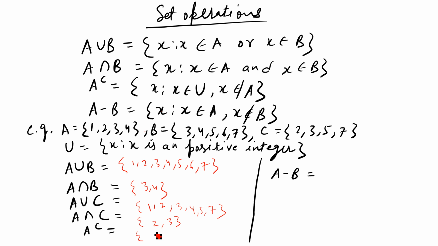A complement would be all the elements except the elements of A. So here it would be 5, 6, 7 and so on. A minus B would be 1, 2.